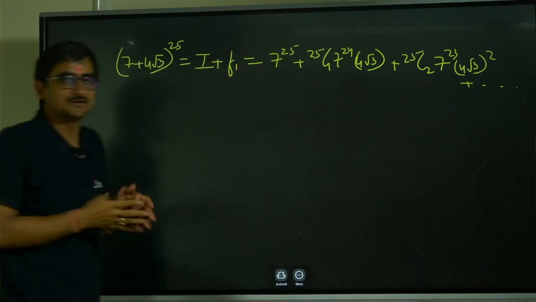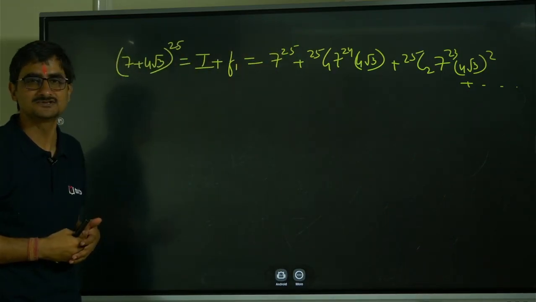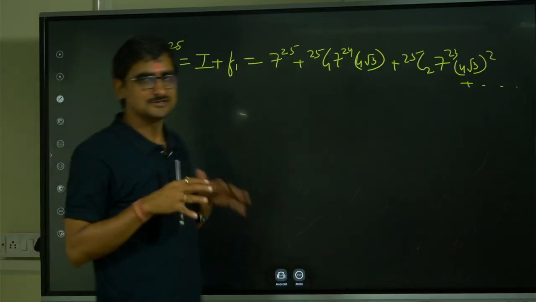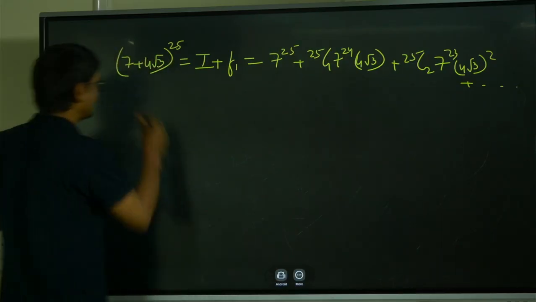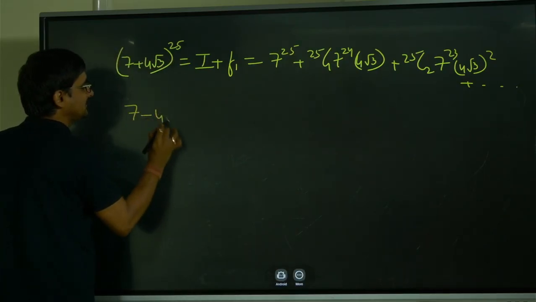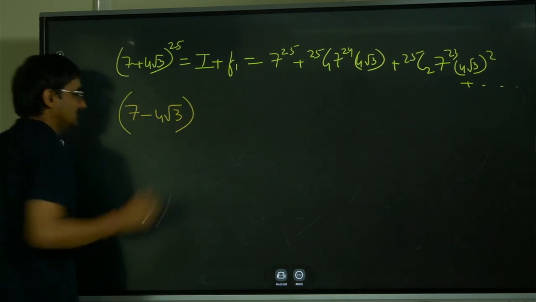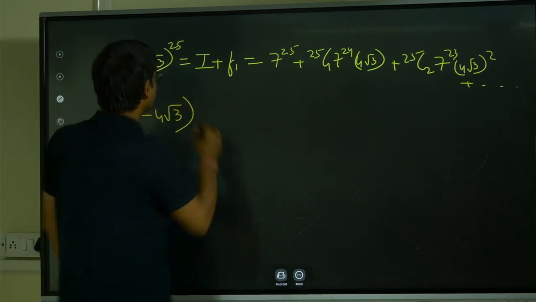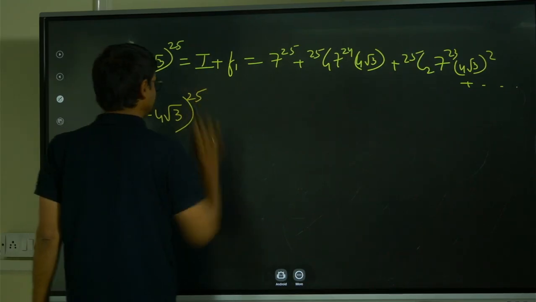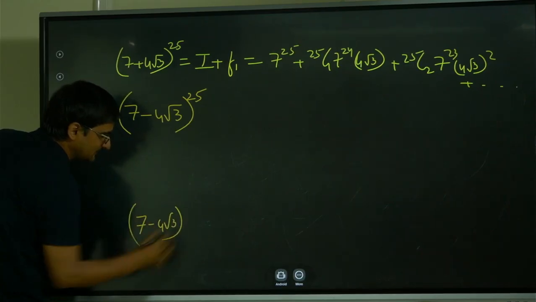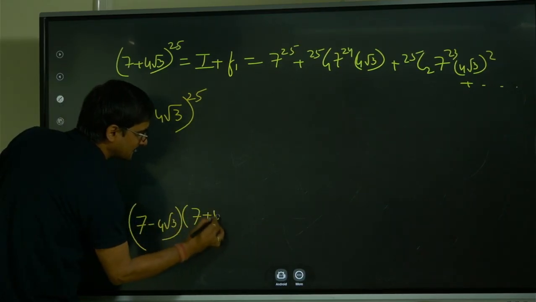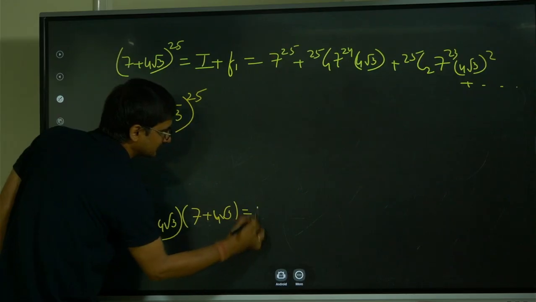Though you can say conjugate has to be p minus root q, we have to ensure that it remains positive. Here the usual thing is 49 minus 48. Interesting thing is, bachcho, 7 minus 4 root 3 into 7 plus 4 root 3 is equal to 1.